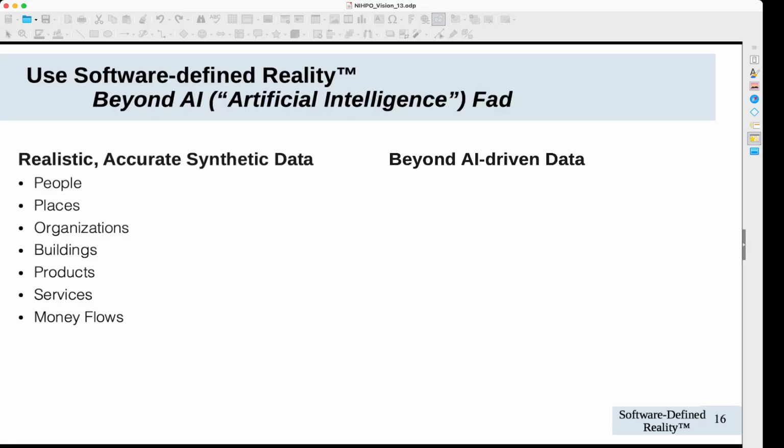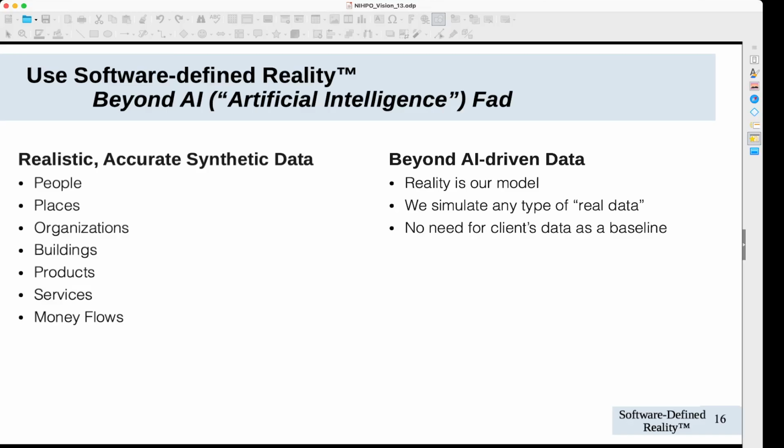The other thing that is important to highlight is that we go beyond this AI fad out there. Everybody's an AI company these days. In our case, reality is our model. We simulate any type of real data. If there's an open database that we can use, we go from there. We never have to connect to the client's data as a baseline.